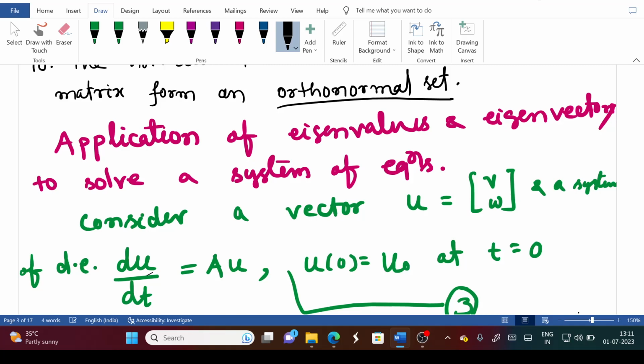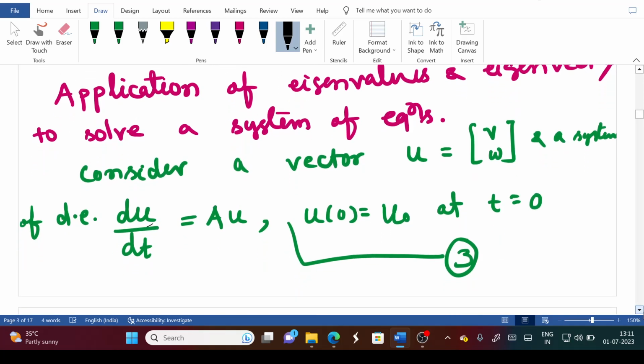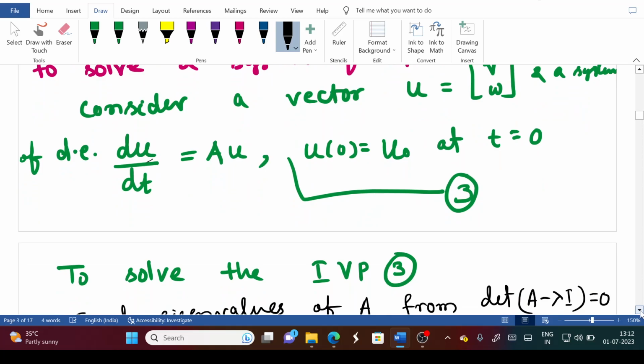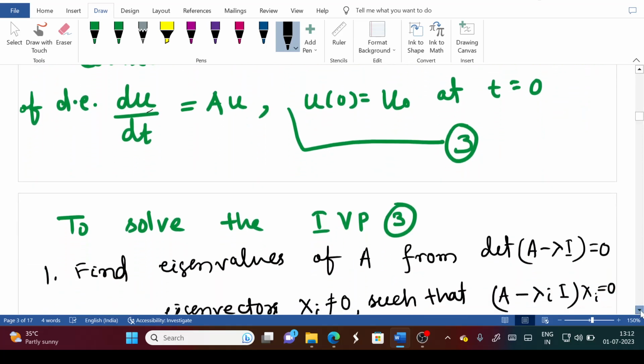Now let du by dt be given by A into u, with the initial condition u of 0 equal to u0 at t equal to 0. This is said to be an initial value problem, or a system of equations. Here u is the unknown which is to be obtained in terms of t, that means the components of u, v and w, are to be obtained in terms of t.